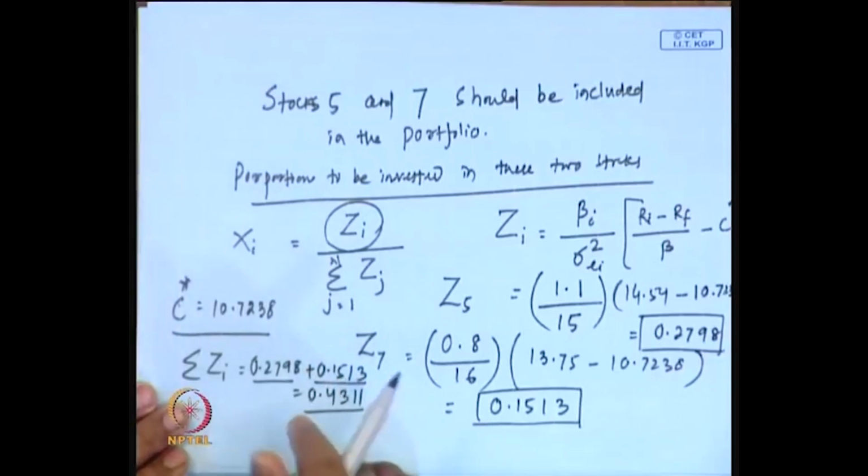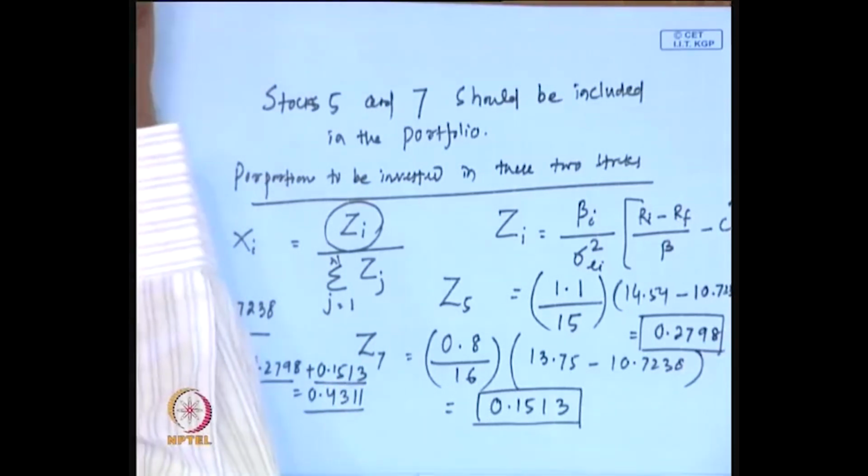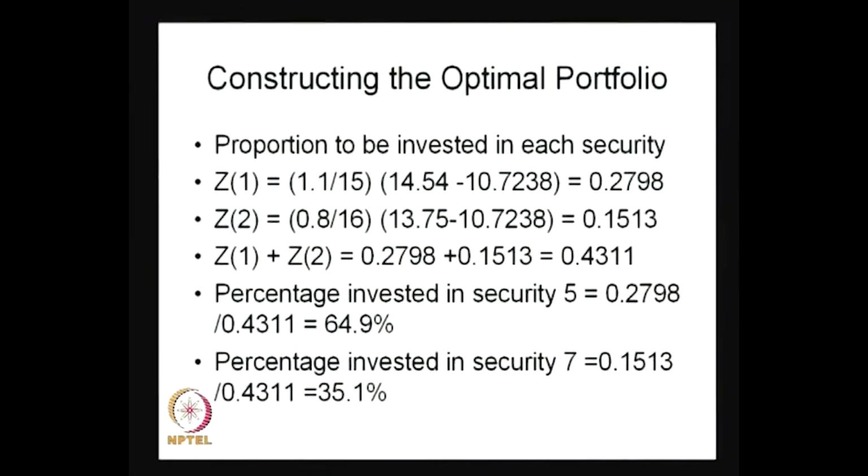In this context, the percentage invested in security 5 is 0.2798 divided by 0.4311, which will be 64.9%.